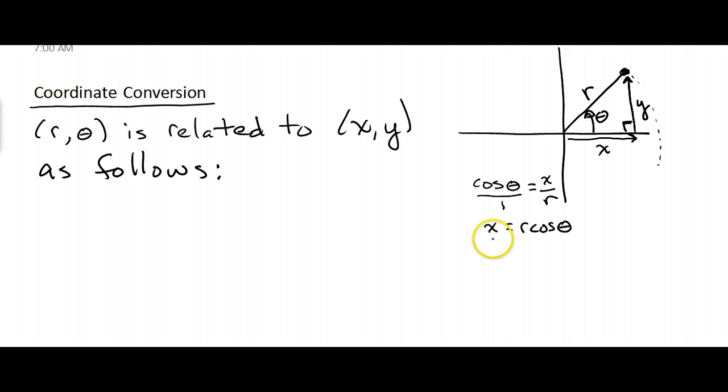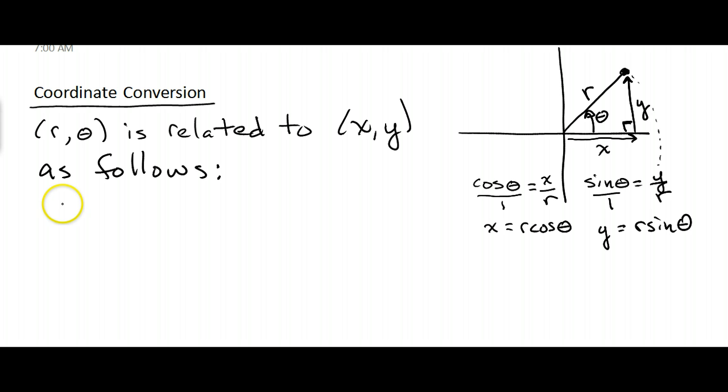Okay, so this gives me a relationship between the x coordinate and r and theta. If we do the same thing with sine, the sine of theta would be y over r. Again, I'm going to put this over 1 and cross multiply. I would get y is equal to r sine theta. So this gives us a relationship between the y coordinate in rectangular and r and theta in polar.